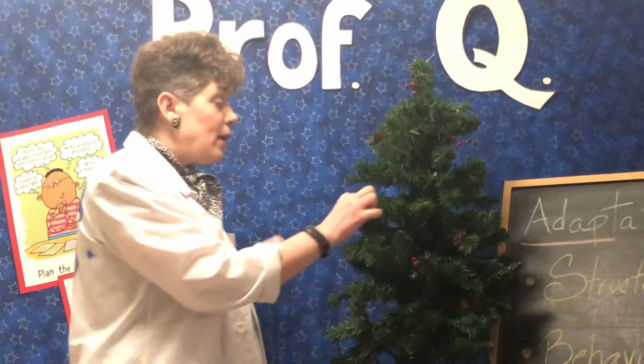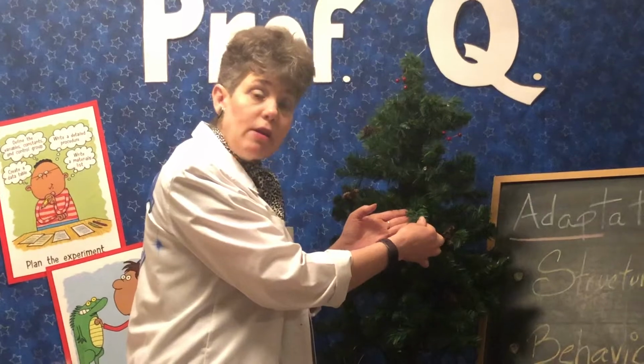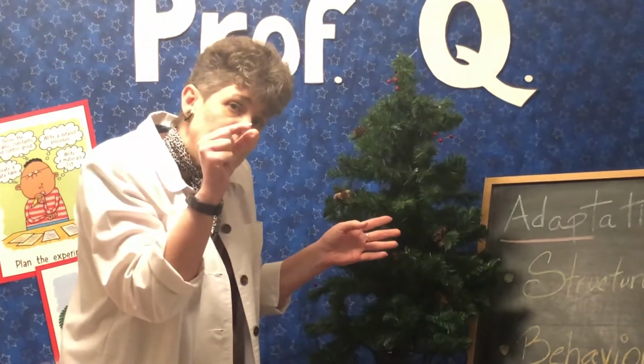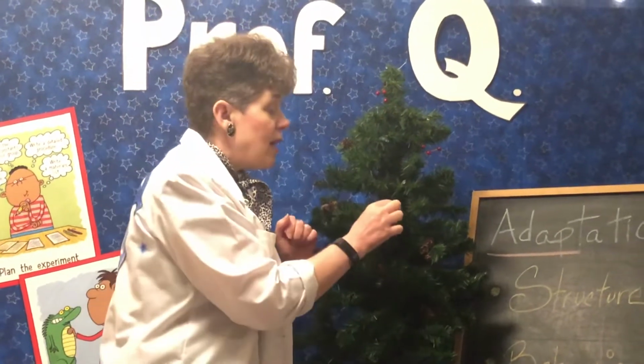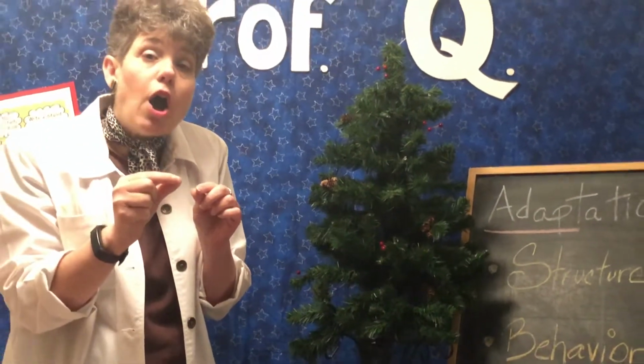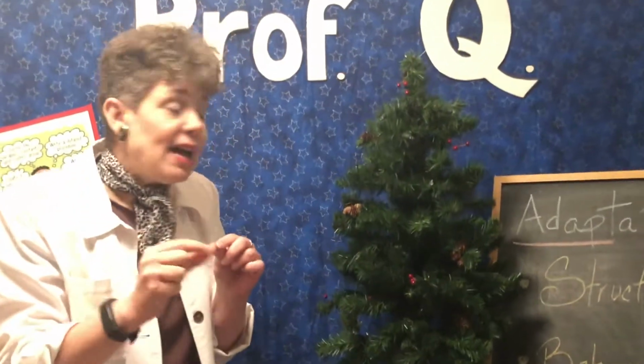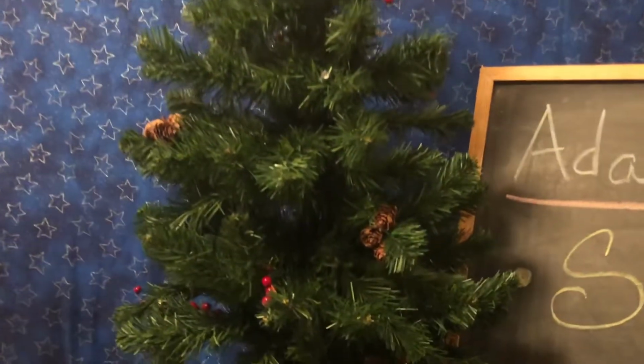Well, if you are able to observe that this particular type of conifer has short, long needles. And these needles are waxy and it has a waxy cuticle. And because of that, they're able to shed off all the snow that may come its way a lot easier.